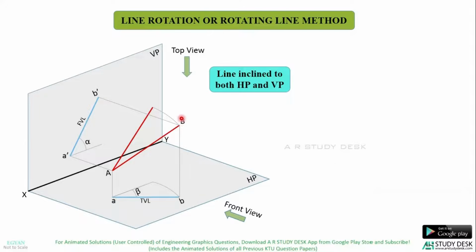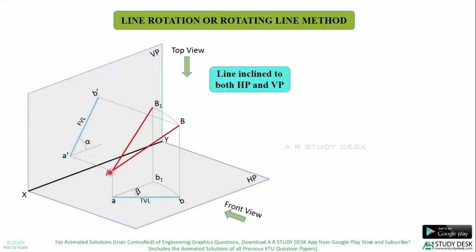So the point B has shifted to a new point, so I'll name it as B1. Directly below B1, I'll be getting the point small b1, which represents the top view of this point. So now the top view AB has been rotated and made parallel to VP, and the name of the line changed to AB1. Now it is parallel to VP.